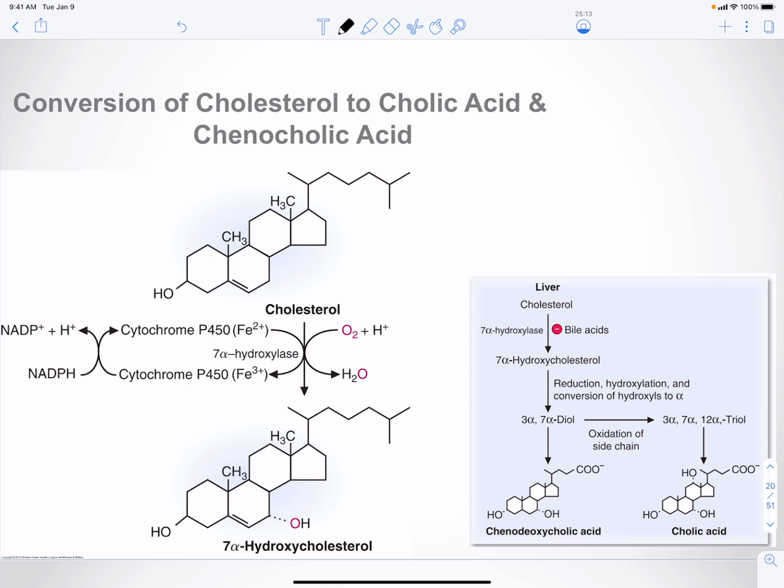First you're going to have an alpha hydroxyl group added to the 7-carbon. So that's shown here, and you have a 7-alpha hydroxylase. The 7-alpha hydroxylase is going to pick up electrons, and this is also part of a P450 enzyme.